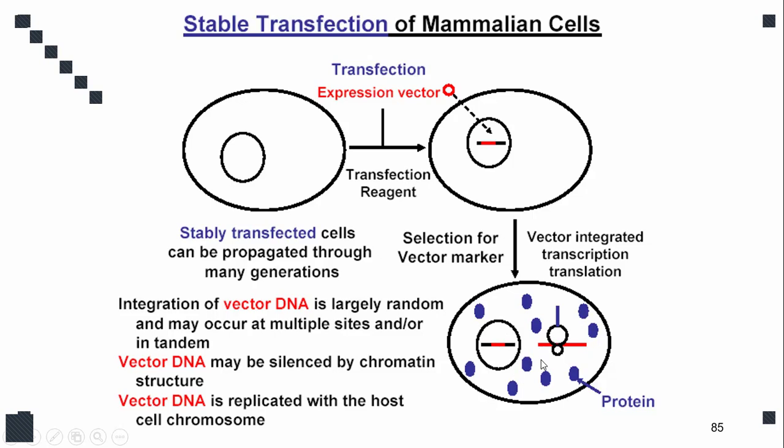It will go to the cytoplasm and it will produce. Now, what is the difference? The difference is that this one is now part and parcel of the cell. That is why it's called stable transfection. So if you want to produce this particular protein over and over for a long time, this is the pathway you should follow. You produce what we call stable transfection. But if you just want to do it temporarily, then you do what we call the transient.